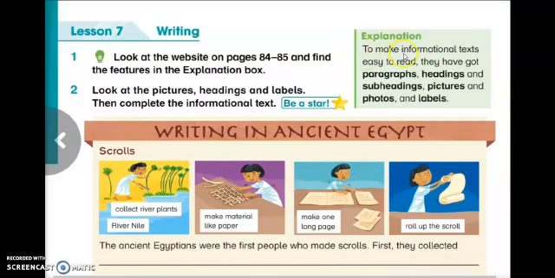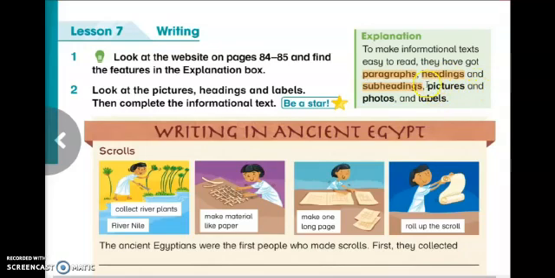Explanation. To make informational texts easy to read, they have got paragraphs, headings, and subheadings, pictures and photos, and labels. They have got paragraphs, headings, and subheadings.